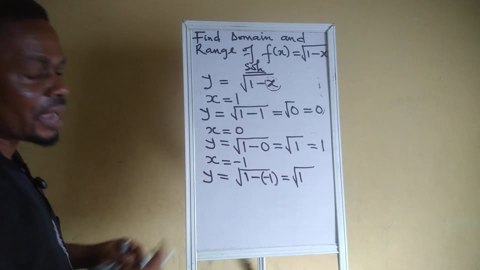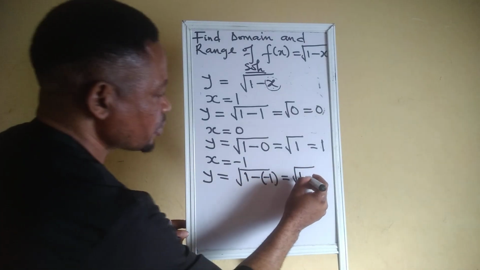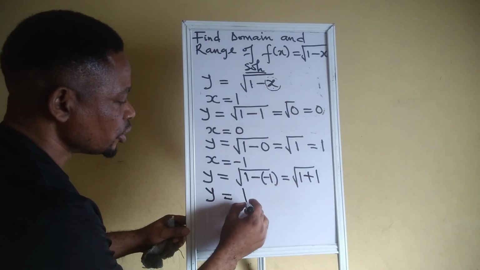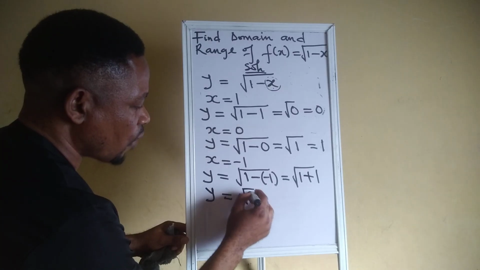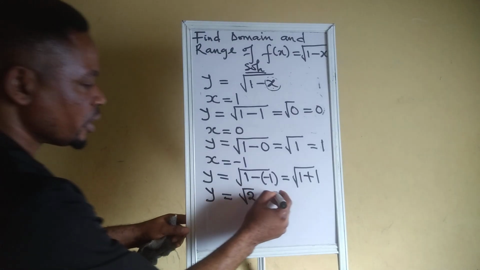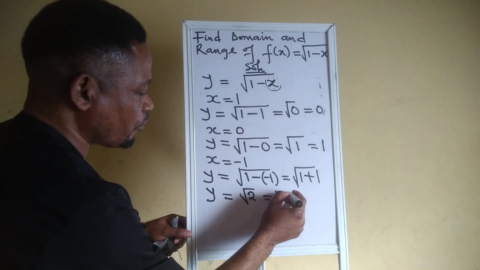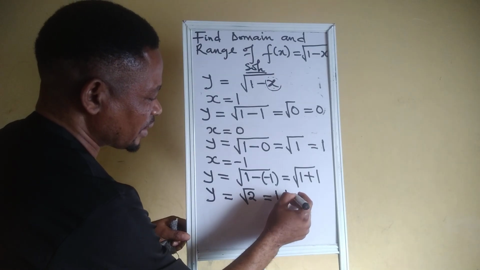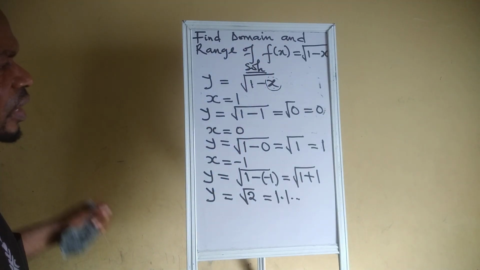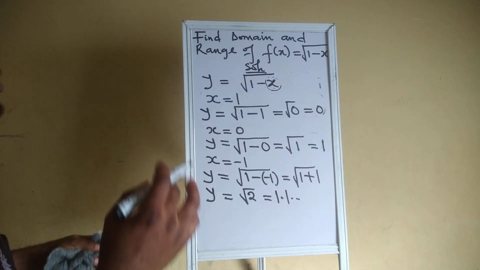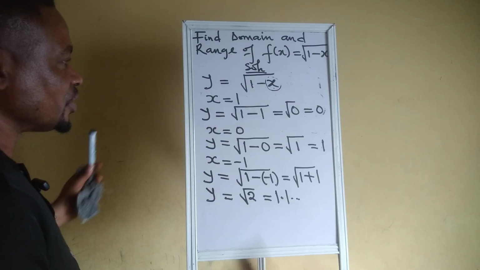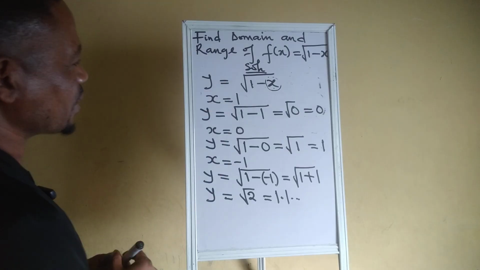What is minus minus? Is it not plus? So the value of y is the square root of 2. And I believe when you punch the square root of 2, it may give you something like 1.1, which is bigger than this number. Am I communicating now? Do you now see that I don't need again to verify the domain and the range? It is obvious now.